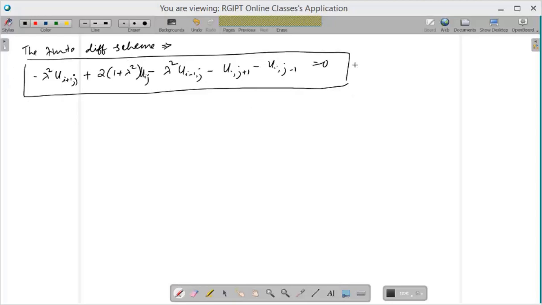Whatever the solution is, that solution must satisfy this equation. So for any ij, just choose any ij. This will be for i equal to 1 to n, j equal to 1 to m.